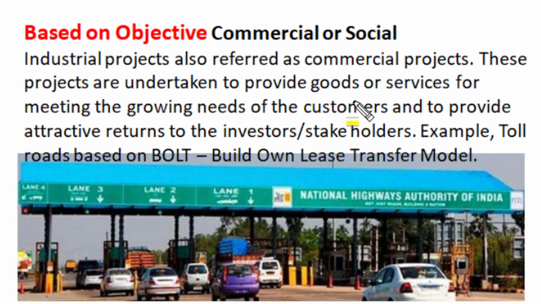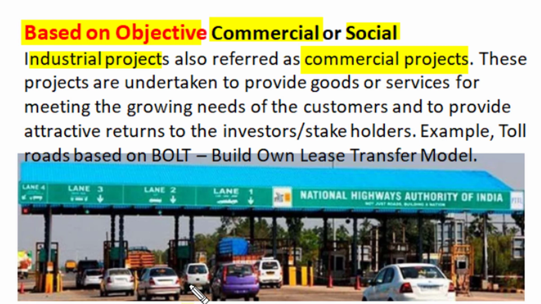The most important classification of project is based on their objectives, and there can be two types of project. One is project of industrial or commercial objective and the second is social or developmental objectives. First, understand commercial or industrial objective projects. Now we say industrial objective also as commercial projects, and these projects are undertaken to provide goods and services to meet the growing needs and demands of customers so as to attain attractive return on investment on these commercial projects for stakeholders.